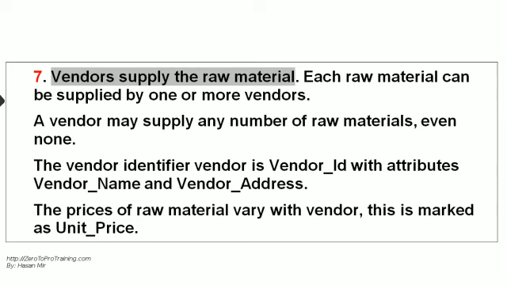Each raw material can be supplied by one or more vendors. A vendor may supply any number of raw materials, even none. The vendor identifier is vendor_id with attributes vendor_name and vendor_address. The prices of raw material vary with vendor, this is marked as unit_price.